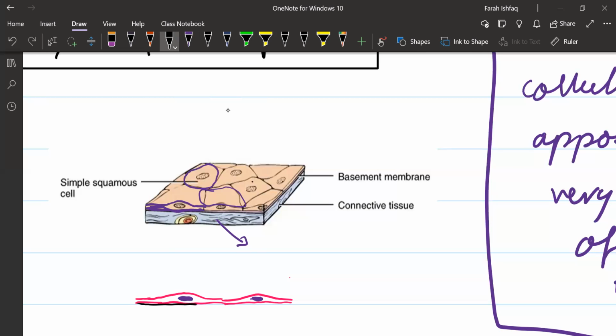So beneath these lies the basement membrane, and below the basement membrane lies the connective tissue which contains the blood vessels.